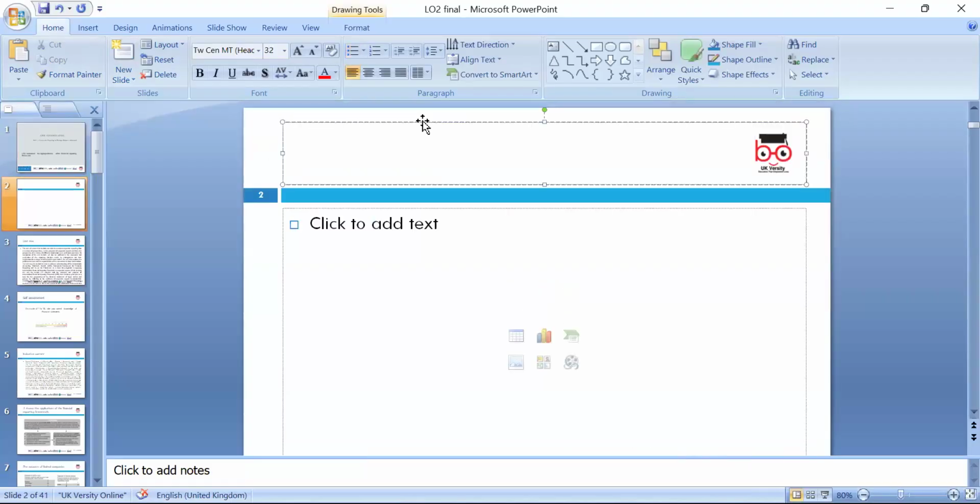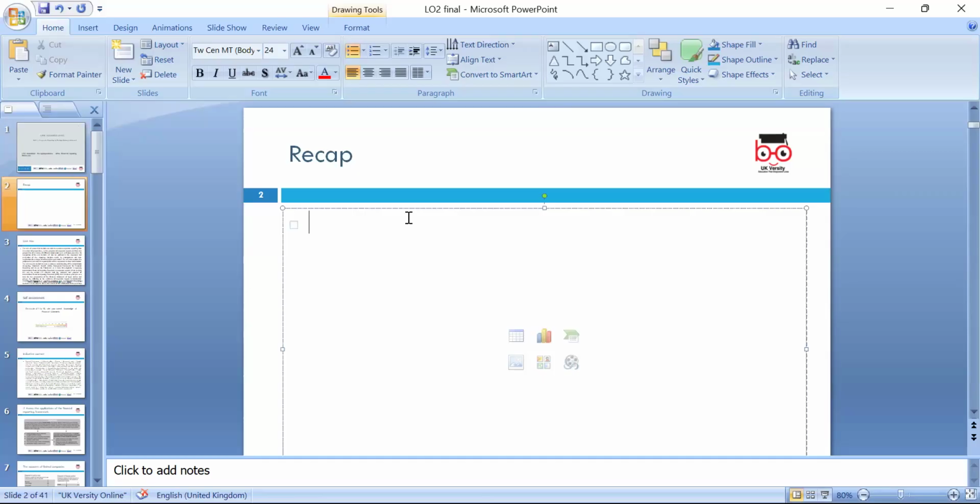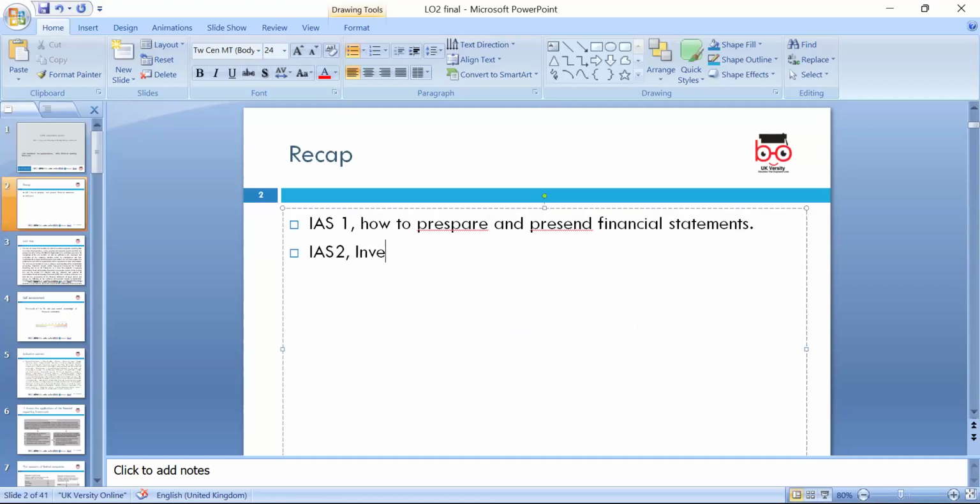We discussed IAS 1, various standards, about how to prepare and present the financial statements. We also discussed IAS 2 about inventory.